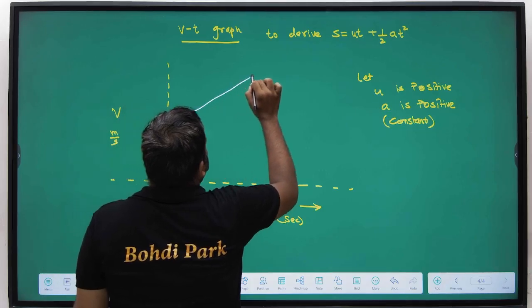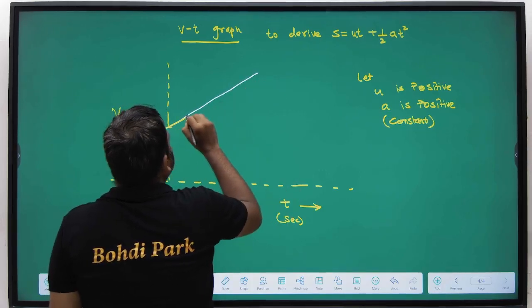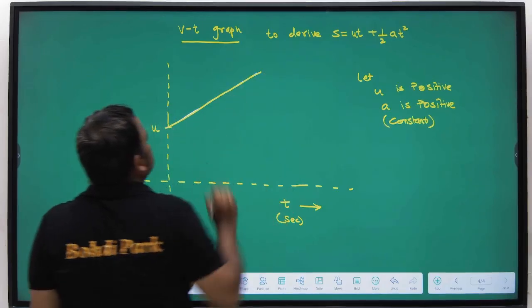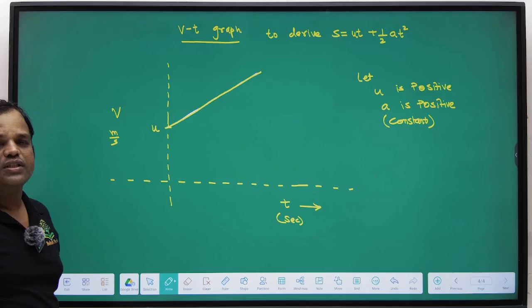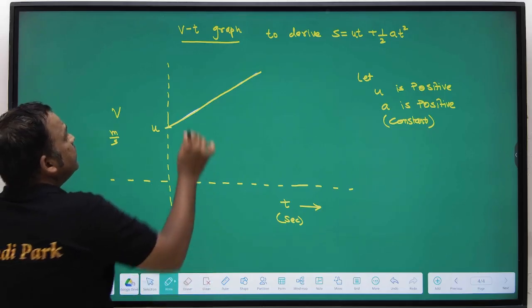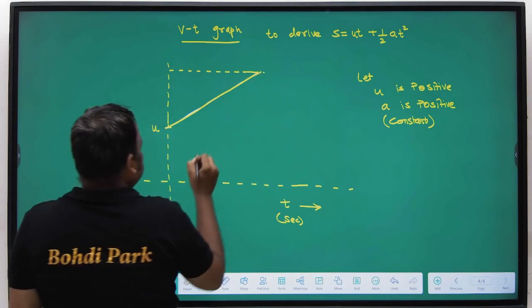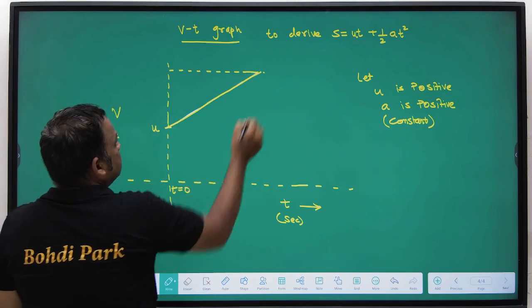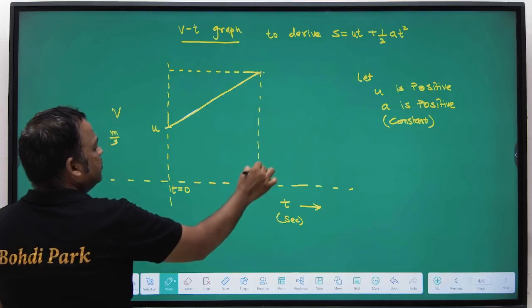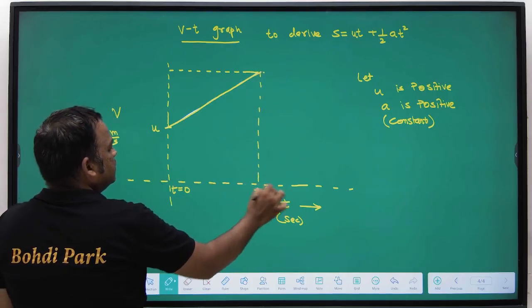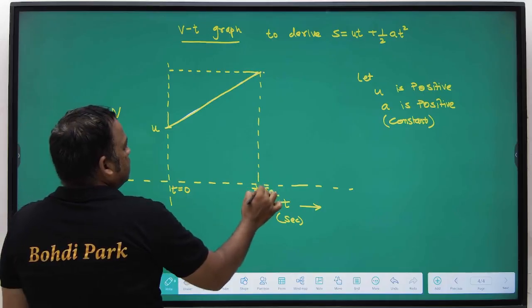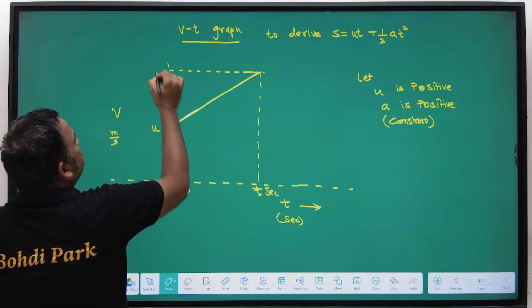It will be a straight line graph. The velocity is increasing linearly, so that after time t, that means from 0 second to t seconds, the velocity will change from u to v.